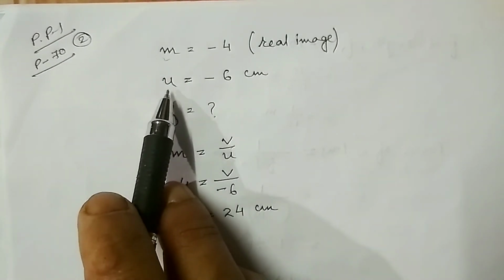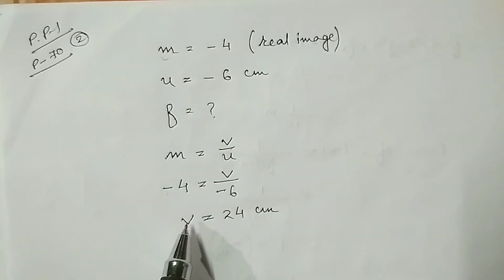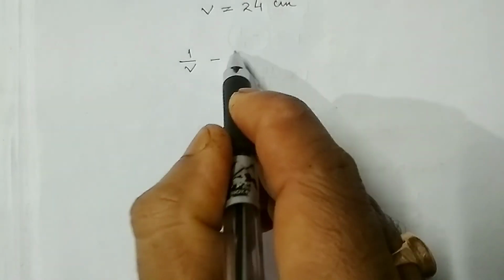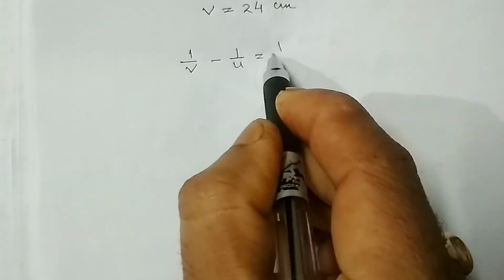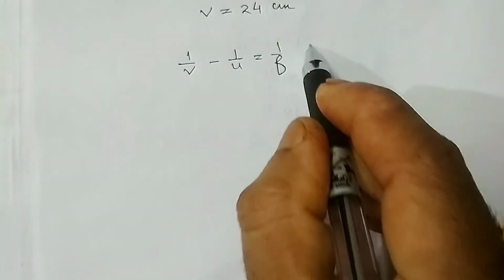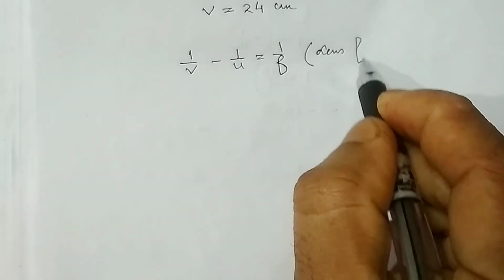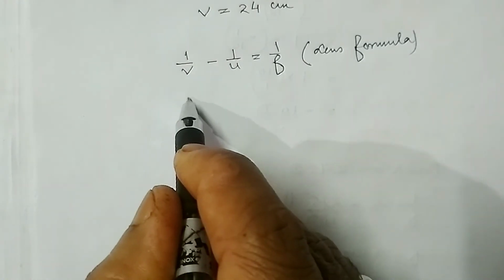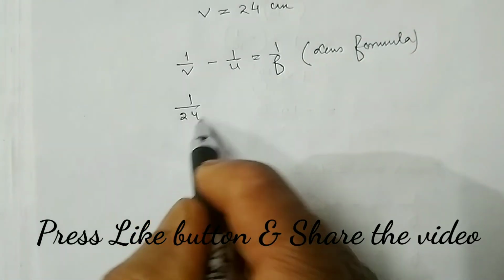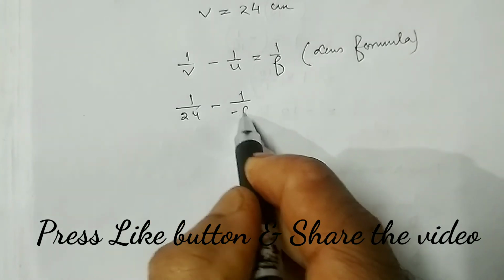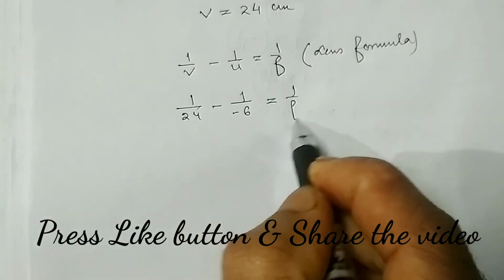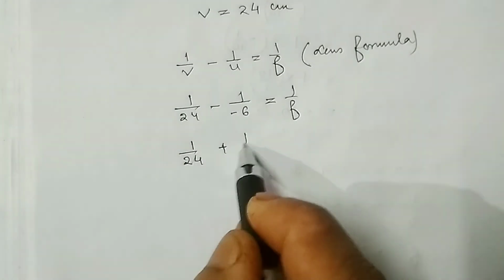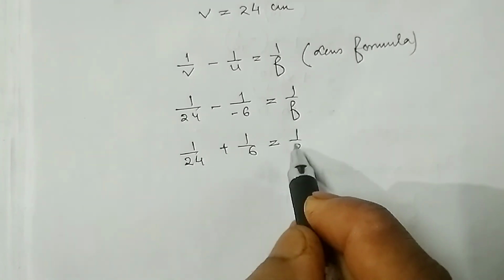Now we know object distance, we know image distance, so we can use lens formula. Now lens formula is 1 by v minus 1 by u equals 1 by f. Here v is 24, so 1 by 24 minus 1 by minus 6 equals 1 by f. 1 by 24 minus minus plus 1 by 6 equals 1 by f.